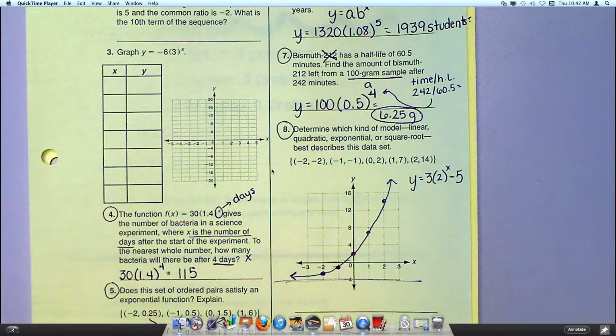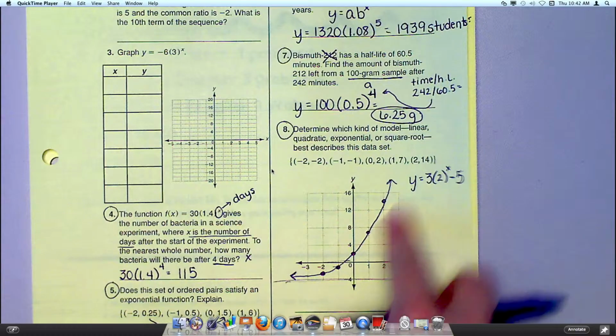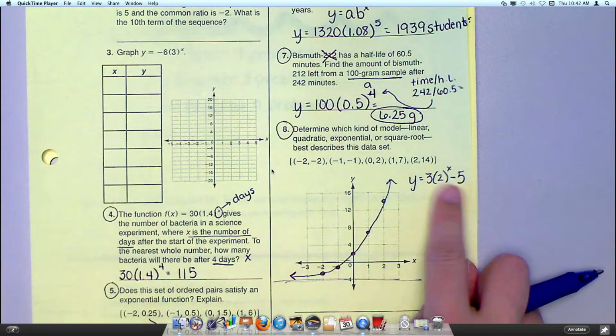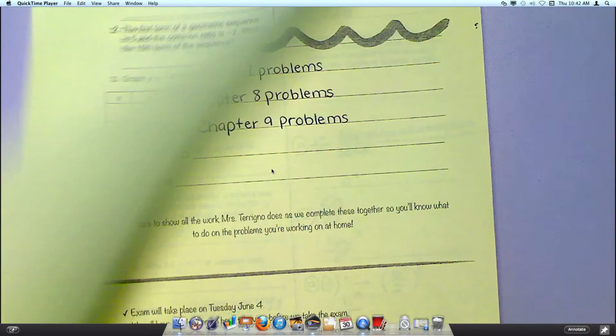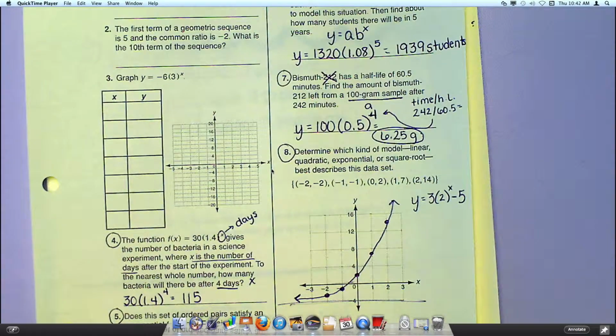I wish I would have done that problem before I decided to assign it to you. So that is an exponential function based on the shape, but it's an exponential function that's been shifted somewhere else on your graph. Usually that's one of the big things we look for. So I'm glad you guys are thinking about that. But don't worry about that for your exam. I won't throw one like that at you. Is that it? Yep. That's it.